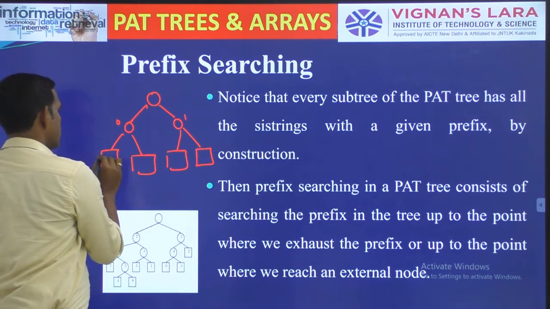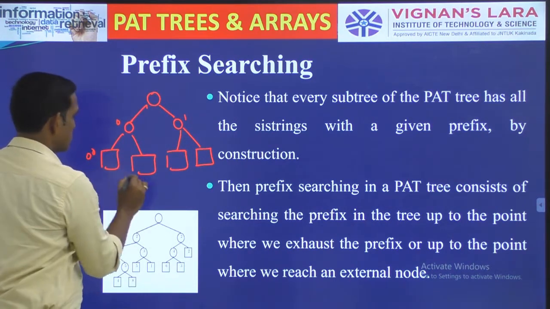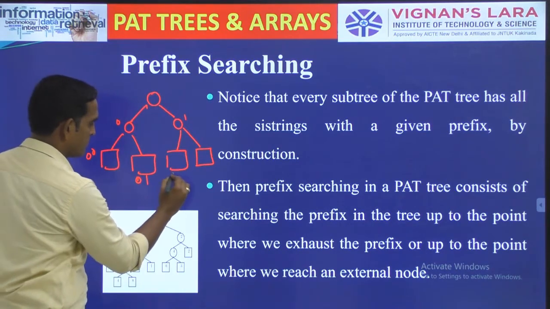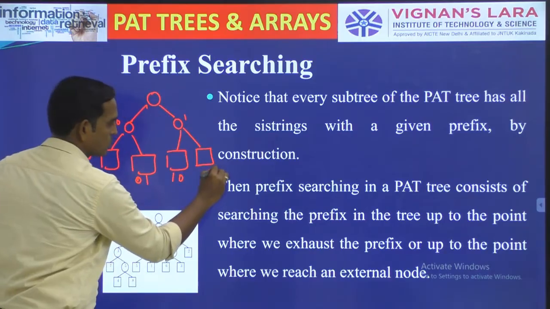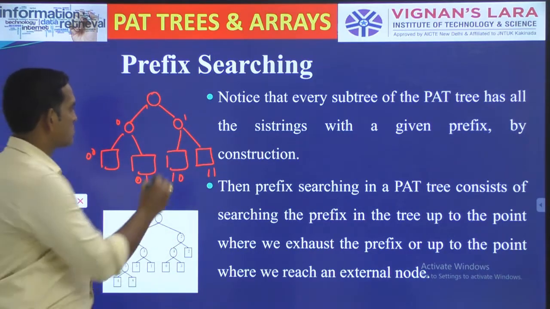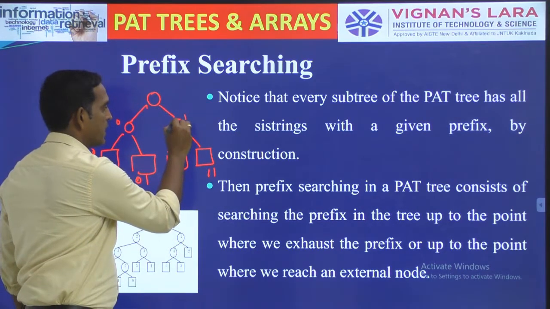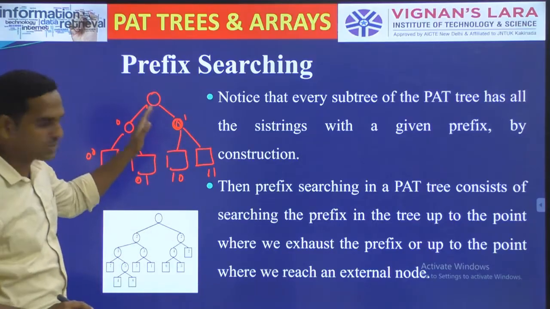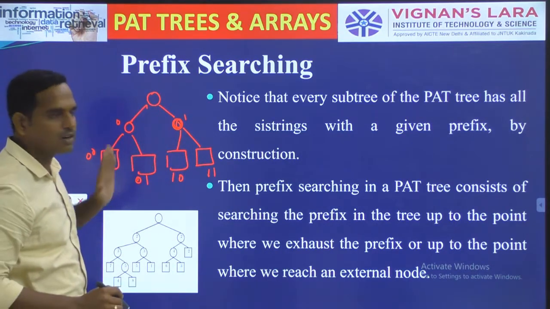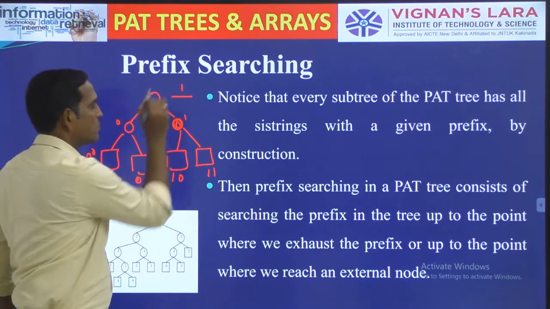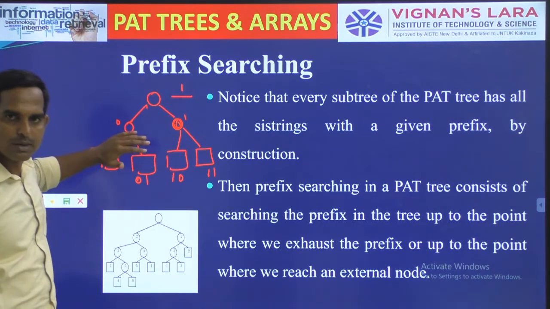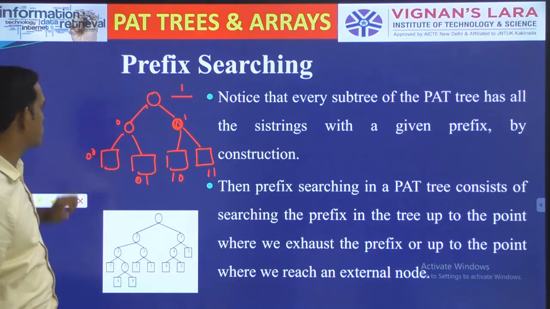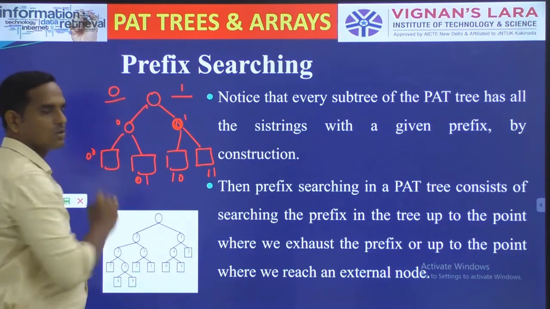So this string will represent 0, 0, this string will represent 0, 1, this string represents 1, 0, and 1, 1. So this subtree, if this is a node, this is the subtree. This subtree represents all the strings with the prefix 1. This subtree will represent all the strings with the prefix 0.